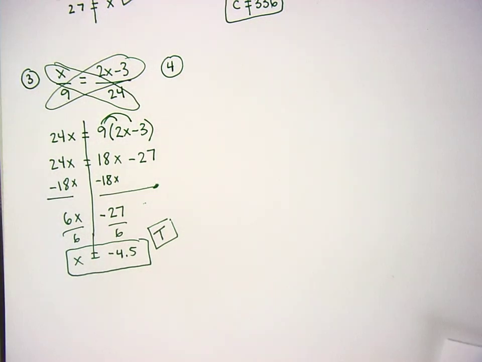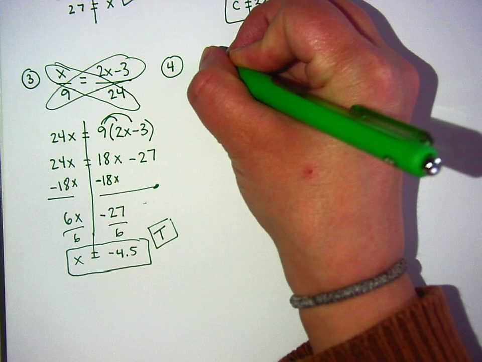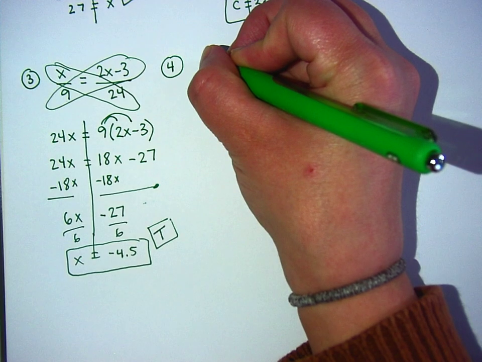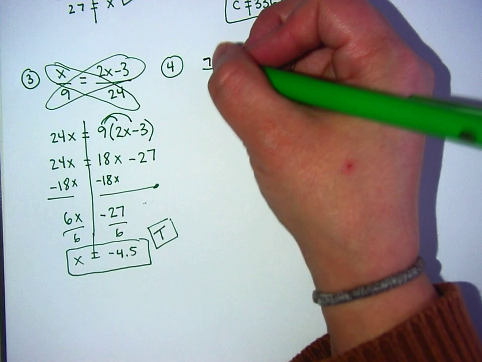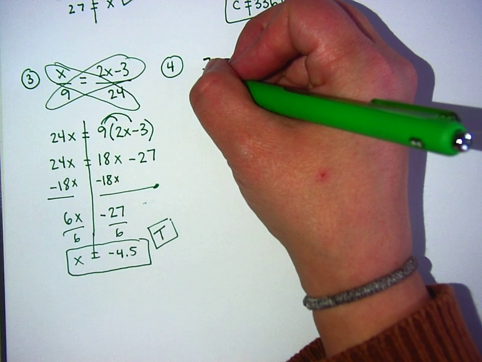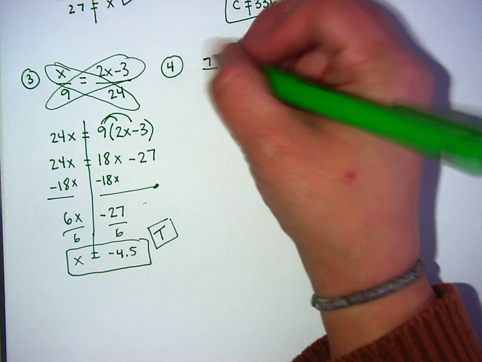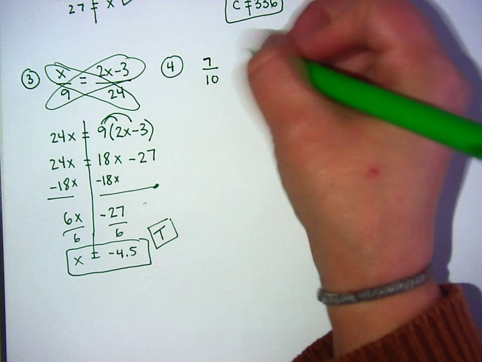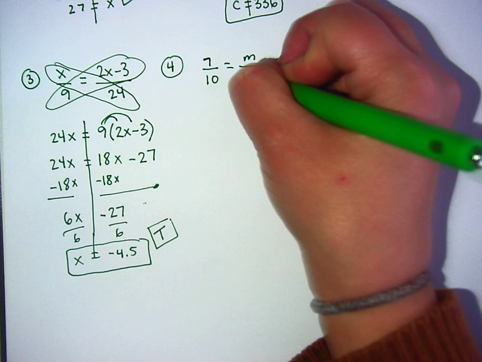Nobody can bingo yet, but somebody could bingo on the next round. Let's see if we get one. I'm going to put one up here, and I'm going to let you guys solve it by yourself this time. Let me see your sheet. 7/10 equals M over 14.